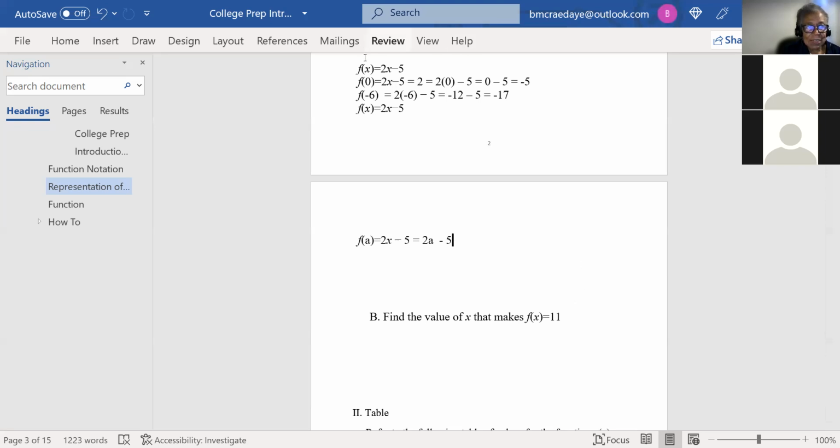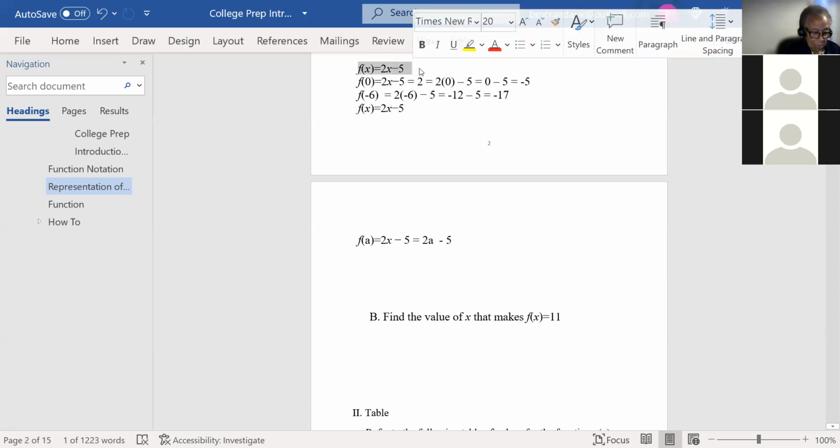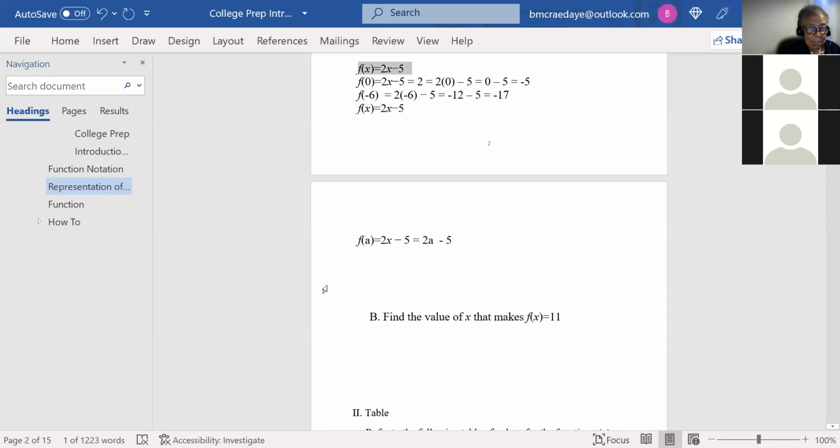Okay, so let's go back up here. We're using our same formula. Now f of x is 11, and we want to find the value of x.